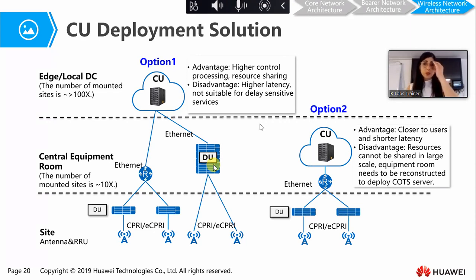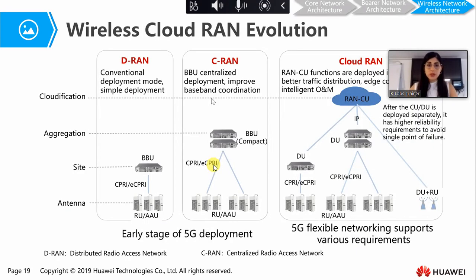So this is what changes in the wireless architecture. We have these differences. In the traditional site, we used to see our distributed RAN, because in our traditional site, we have our baseband unit together with the radio frequency unit. They are at the same place.